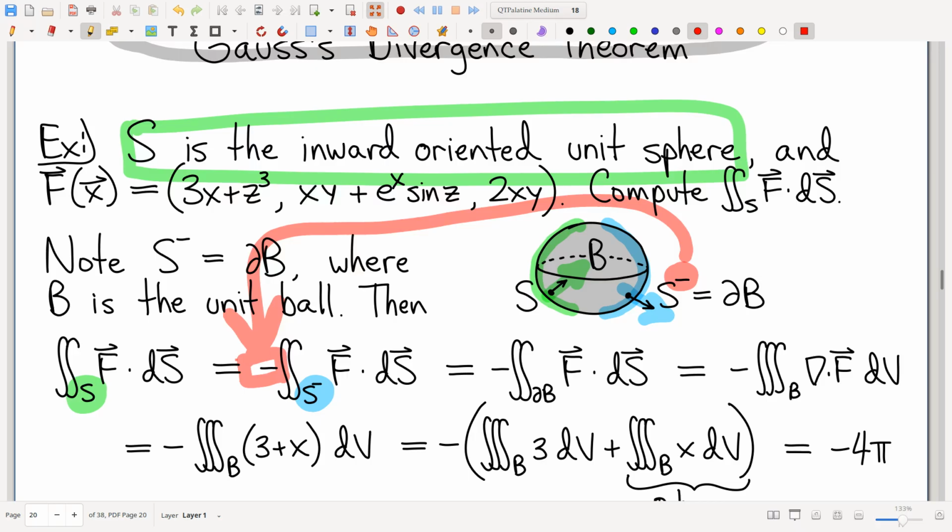Everybody good? You may recall we made an argument very analogous to this, our very first example when we were talking about Green's theorem. You've got to be really careful with the orientations.